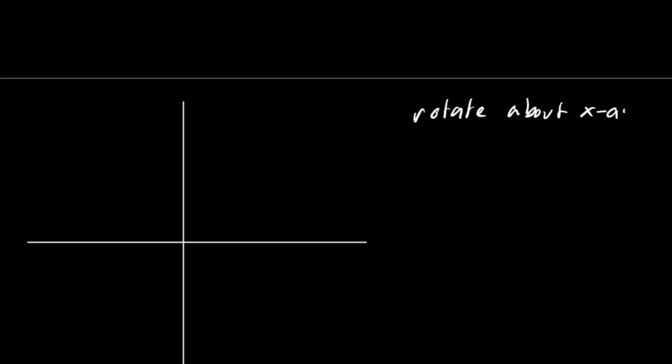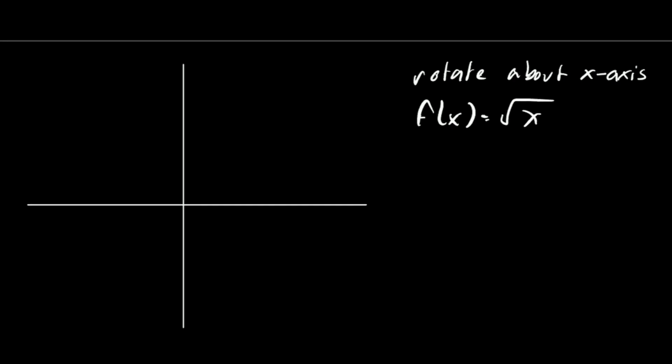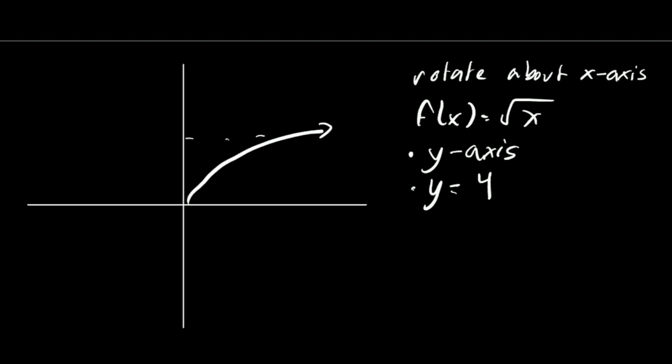So we'll do this one about the x-axis. f of x equals root x, and bounded by the y-axis and bounded by y equals 4. So the function looks like this, and we're looking at this shape right here. I believe this will also be easier using shell method.